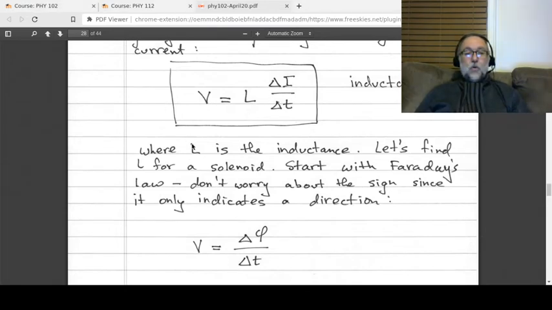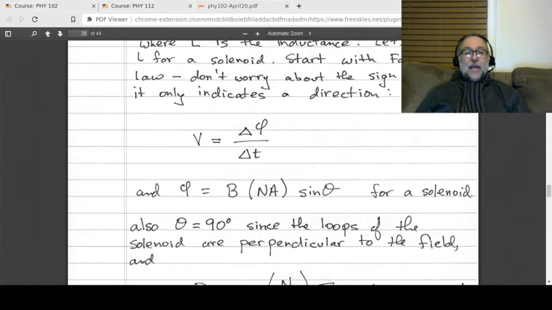And you can almost guess the device, it's a solenoid. If we take the magnetic flux for a solenoid, remember I gave you that formula earlier, it's B times not just the cross-sectional area, but the cross-sectional area times the number of loops, because each loop adds its own contribution to the flux, times the sine of theta, and the orientation of the loops.